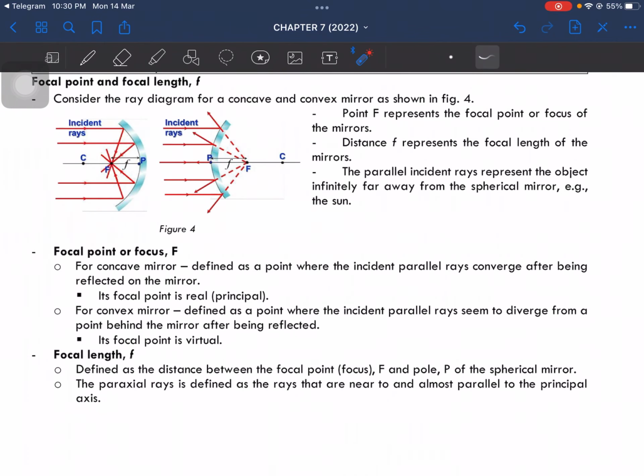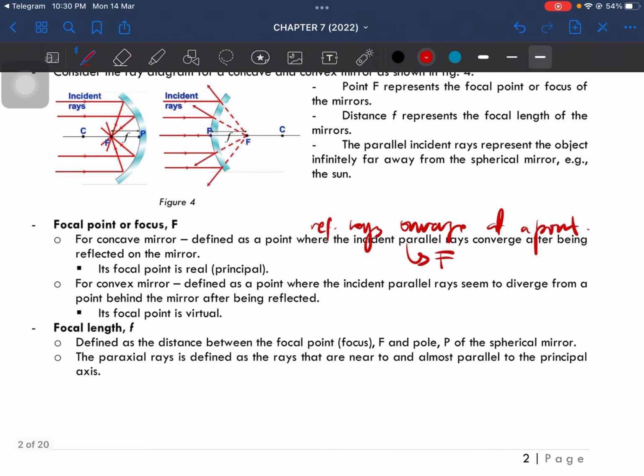The focal point is defined as the point where the incident parallel rays converge after being reflected on the mirror, meaning that the reflected rays converge at a point. The point is known as the focal point. It is shown here.